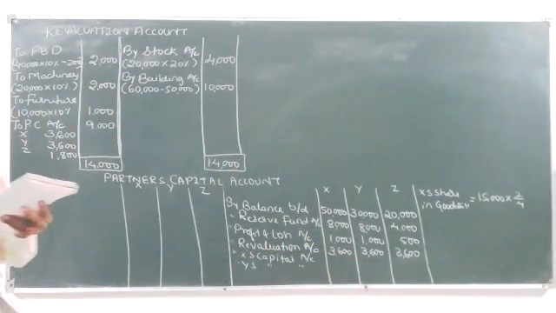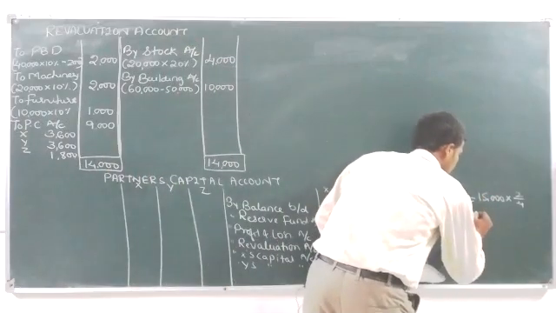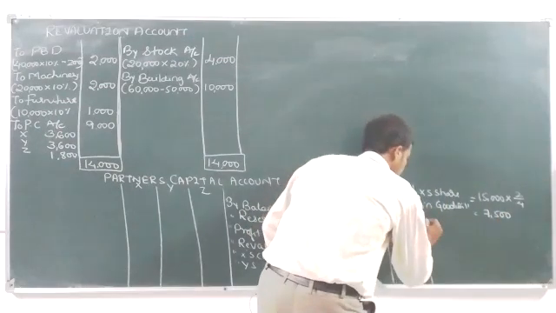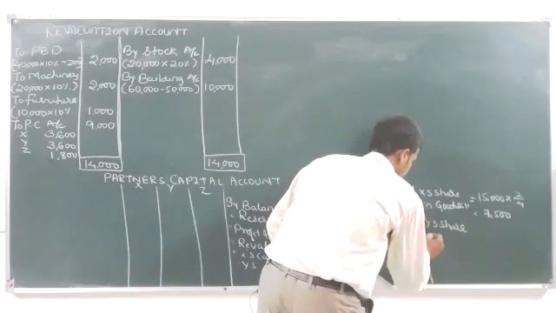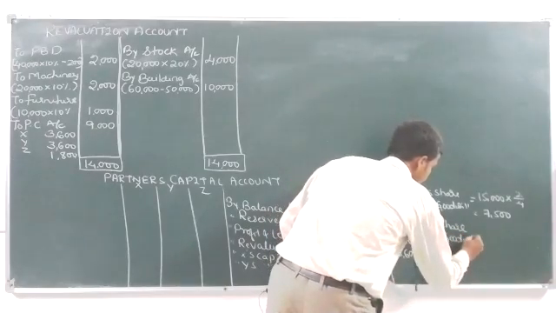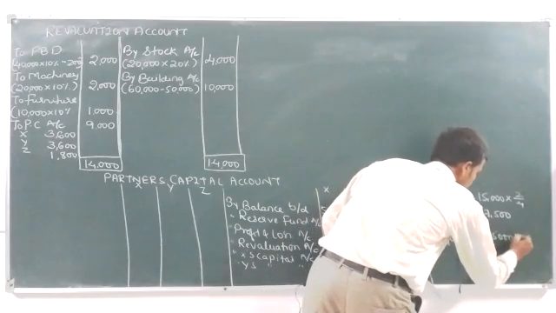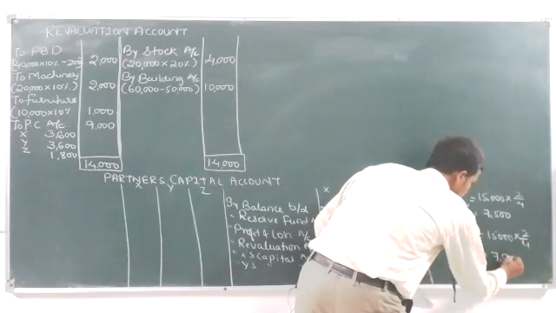You can see the old ratio is 2:2. So that comes to 7,500, and even Y's share will also remain the same. $15,000 into 2/4, that is 7,500.